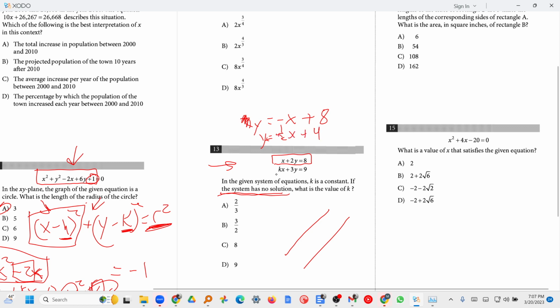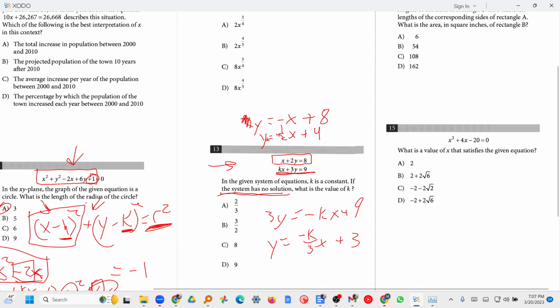Now for this one, I'll do the same thing. If I move the x over, it gives me 3y equals negative kx plus 9. Then I have to divide both sides by 3. y equals negative k divided by 3 x plus 3.